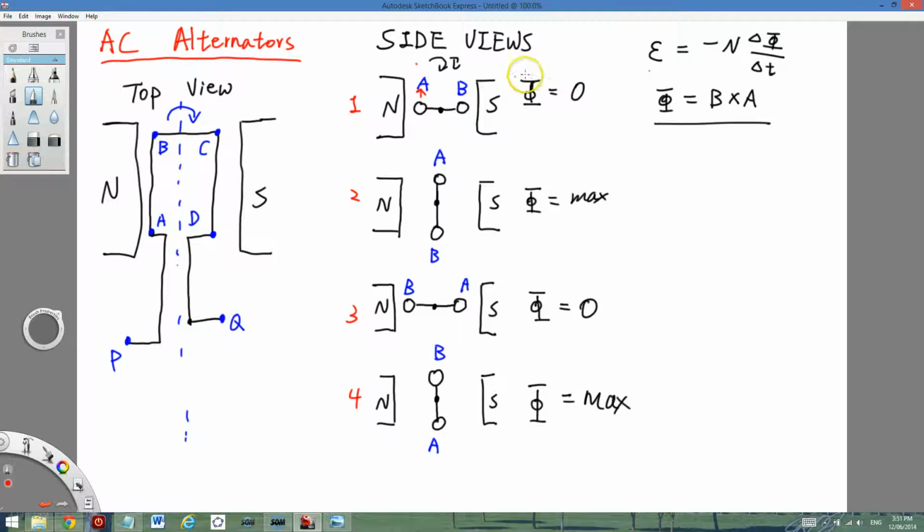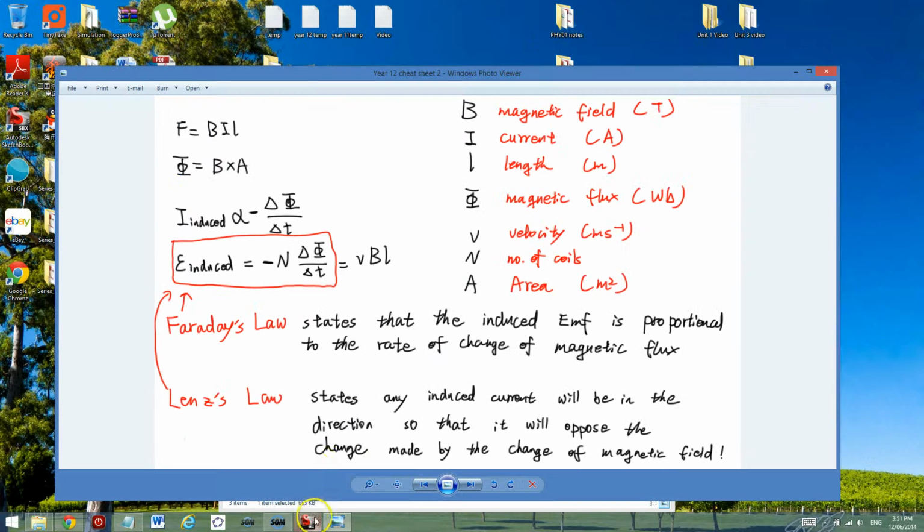Use your right hand rule and remember Lenz's law. Lenz's law says the induced current will be in the direction that opposes the change. It means the induced current will be in the opposite direction.